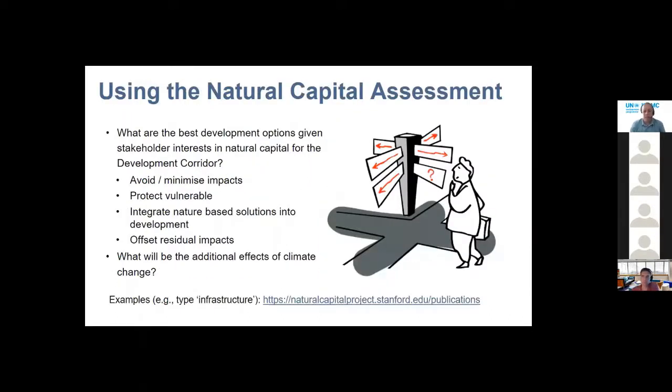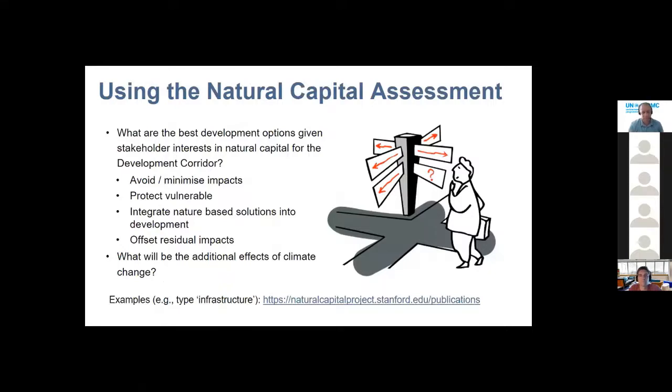So we're back to informing this decision-making process now. We want to use the natural capital assessment to help us understand what the best development options are, given our stakeholder interests in natural capital in this study area. So how can we deliver a project that's going to avoid or minimize impacts on natural capital and the benefits it provides? How are we going to protect those vulnerable communities?